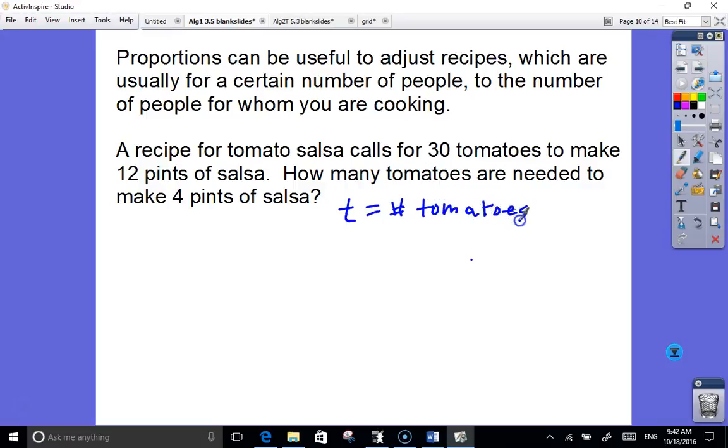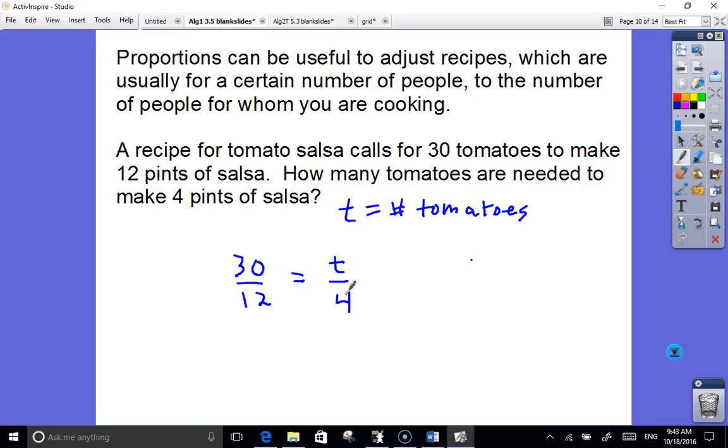We want to say it takes 30 tomatoes to make 12 pints. It makes t, which is unknown, to make 4 pints. So 30 is to 12 as t is to 4. So we set it up as a proportion and now solve.